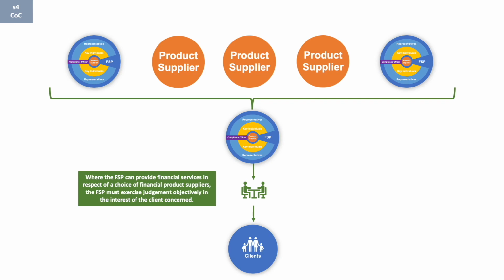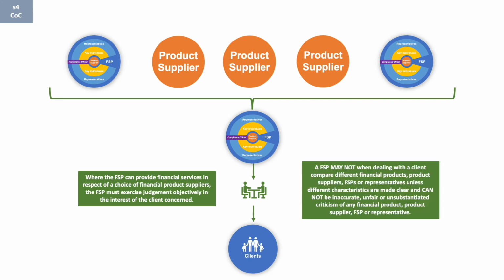As we can see from this section, we as the FSP want to inform and notify the client of the FSP's relationships with product suppliers in order to ensure objectivity is maintained and that the interest of the client is always maintained. It is important that the FSP does not make unfair comparisons.